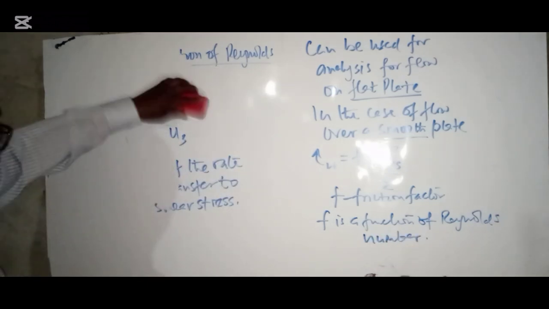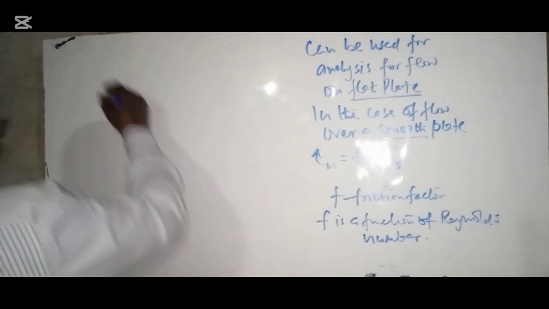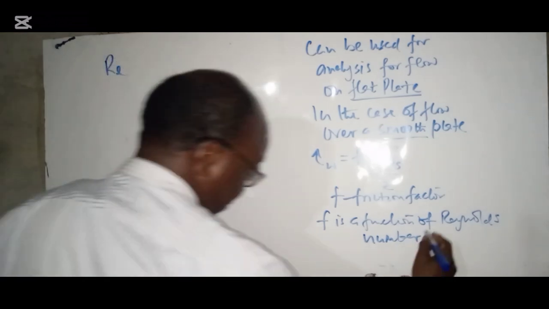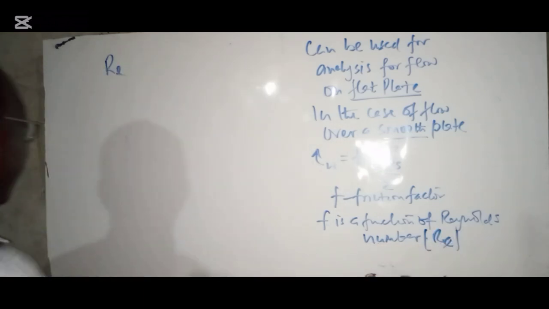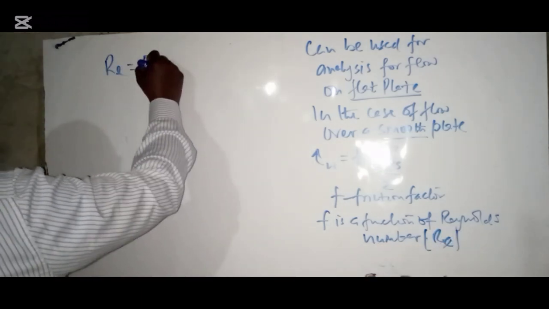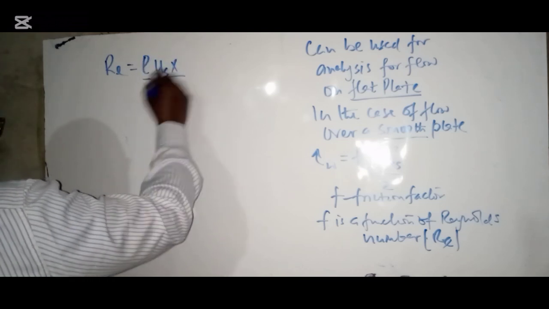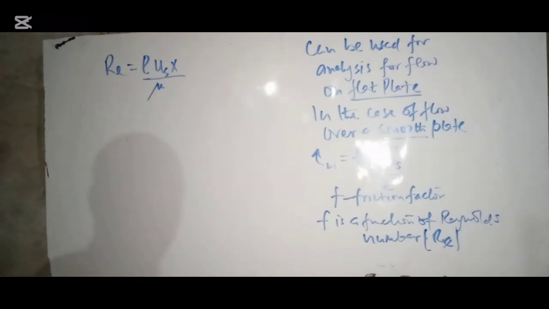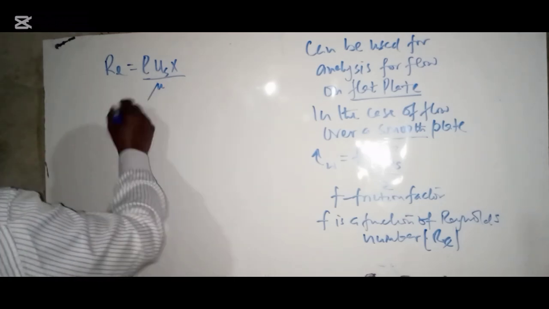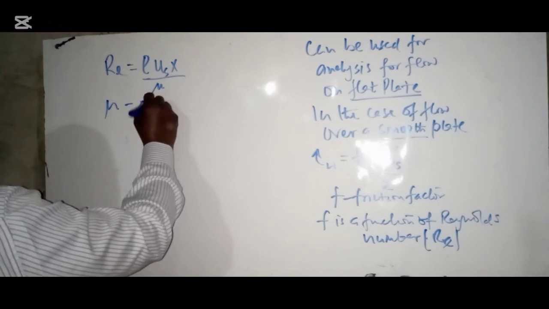If you remember from our earlier lectures, Reynolds number, Re, is rho U S x over mu. That's Reynolds number. Remember, mu is the dynamic viscosity.